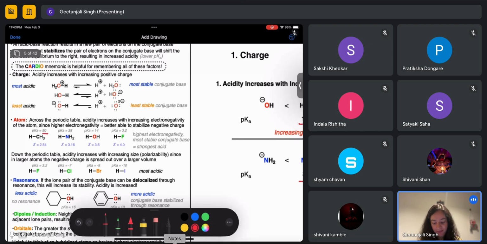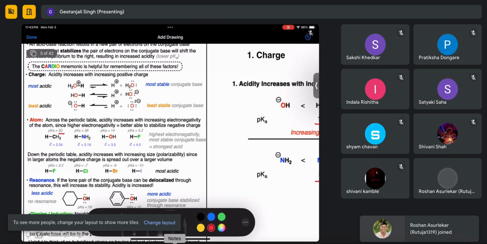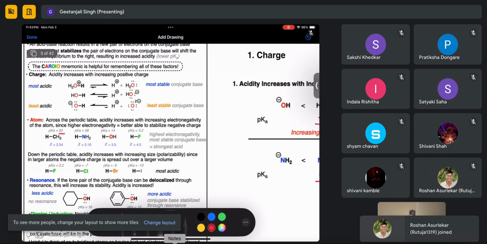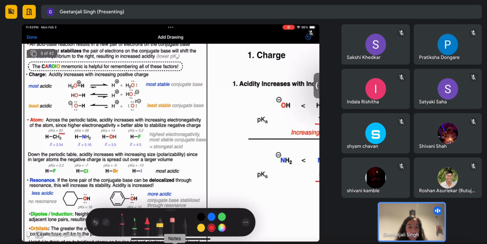Where was I? Okay. Atom, the electronegativity of the atom. With an increase in electronegativity of the atom, acidity also increases.